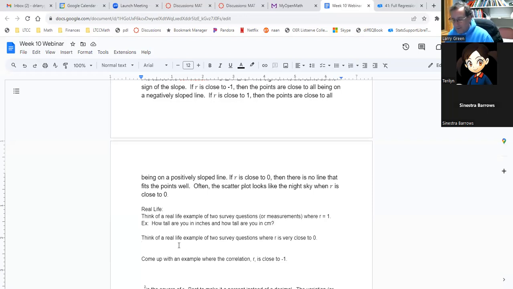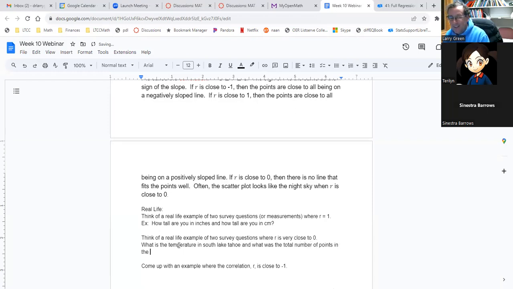So how about, for example, what is the temperature in South Lake Tahoe, and what was the total number of points in the soccer game in New Zealand?